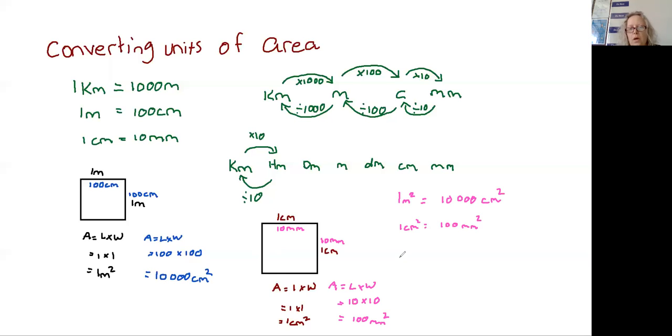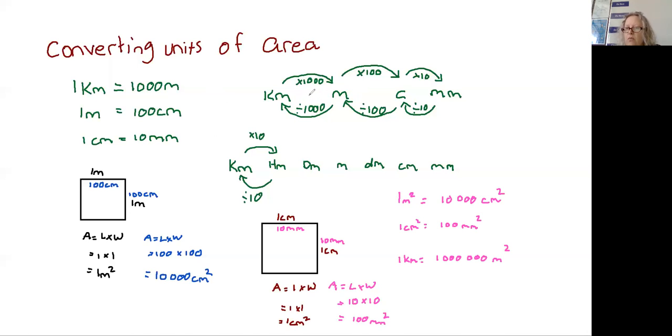And we can write that 1 square kilometre is, well, let's see, a kilometre is 1,000 metres, so we're going to have 1,000 times 1,000, which is going to give us 6 zeros, metres squared. And you can draw a nice little conversion table similar to this.